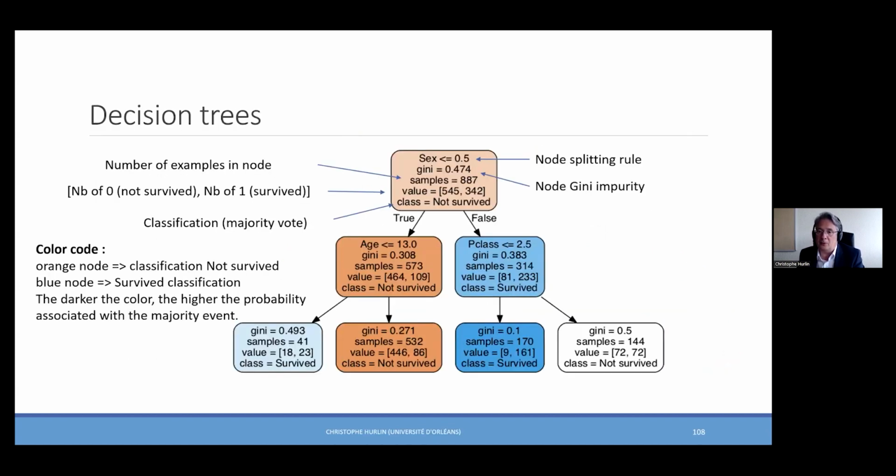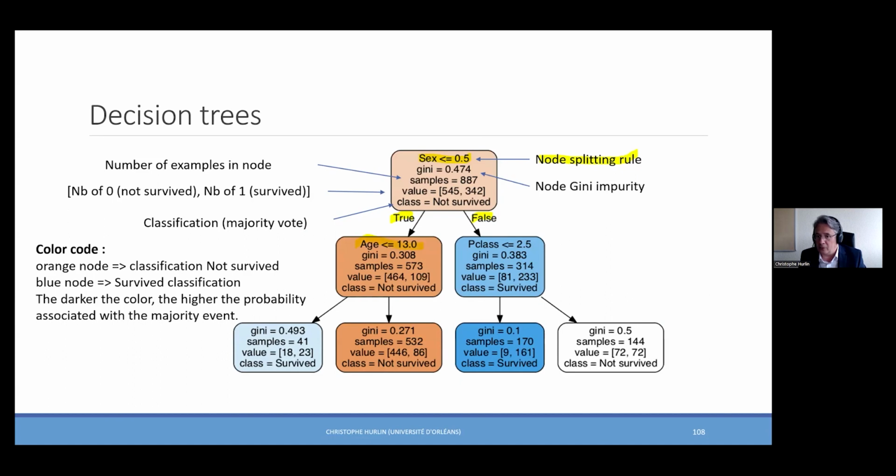So let me summarize what information is reported with scikit-learn. We have this type of information with Python. So we have a node and a splitting rule. Here, this is based on gender. Gender is equal to 1 and 0. So if it's equal to 0, we are on the left. If it's equal to 1, we are on the right.